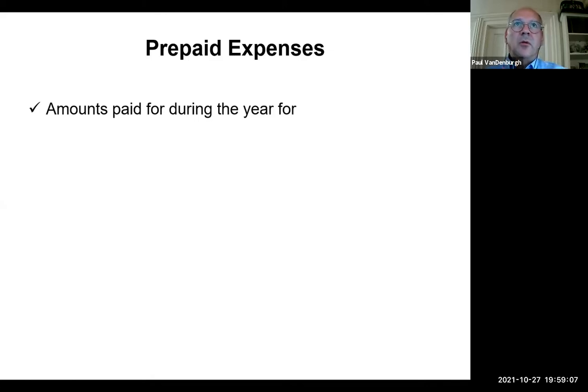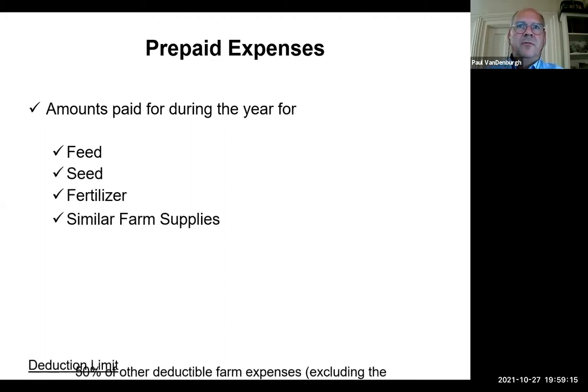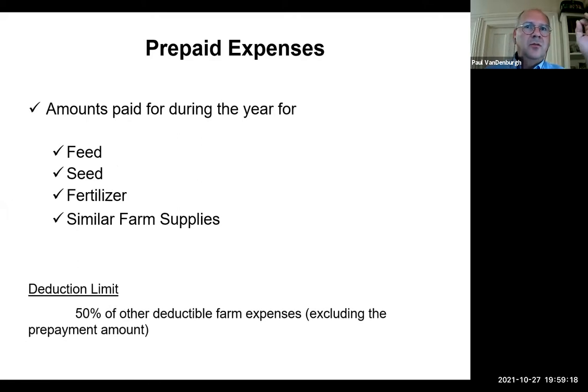I'm going to spend a little bit of time on prepaid expenses, some requirements. We see prepaid expenses for feed, seed, fertilizer, similar farm supplies. There's some limits here. You can't have prepaid expenses in excess of 50% of the farm's total expenses without regard to that prepaid expense.